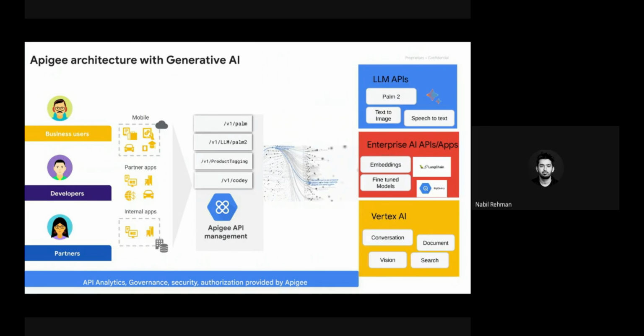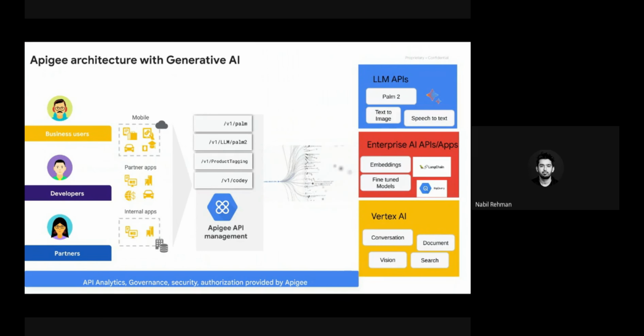And then a lot of people would be fine tuning their data using these large language models, and then having these fine tuned or custom prompts that reflect their own business, and wrap that functionality into an API and then provide it to either internal developers or the partners, or they could be used in the applications as well.